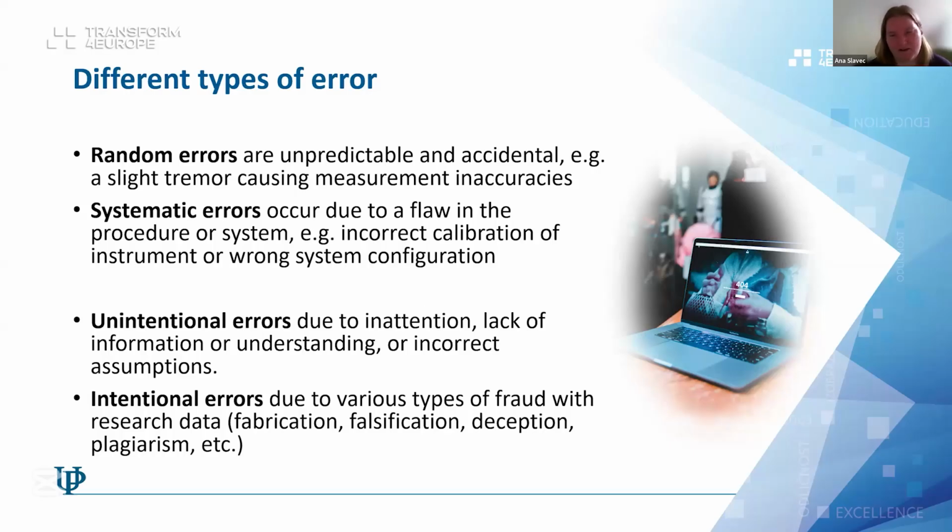Science can be very competitive in certain fields, so people who are competing for funding, they want to publish as much as possible, and sometimes these researchers intentionally fabricate or falsify data in order to achieve results that they can publish, and this is a problem.